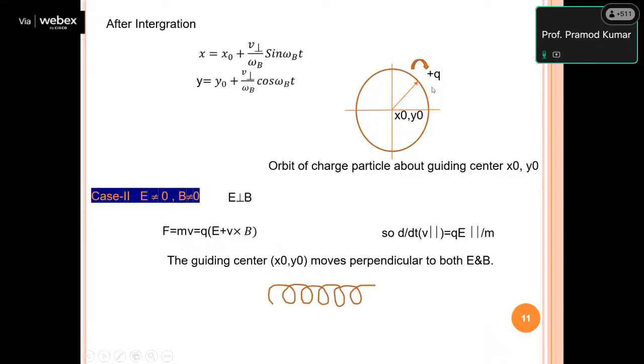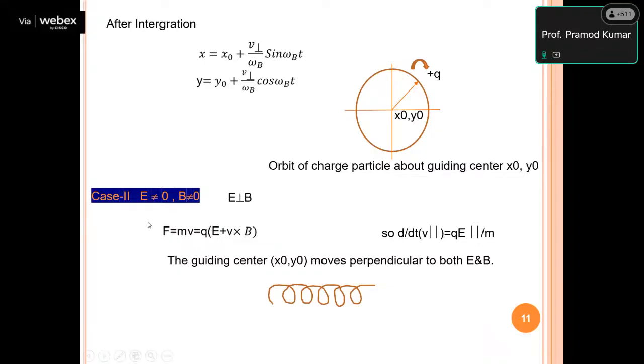If we have a positive charge, it is going to move in this direction; if a negative charge, it is going to move in this direction. So that is what happens whenever E equals 0.